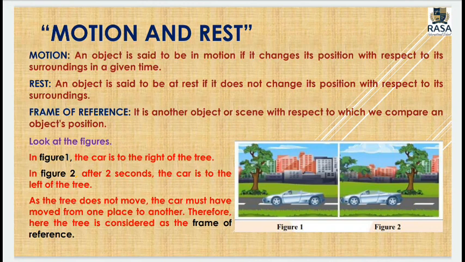It is another object or scene. So here the object is tree, or scene is where the tree and the buildings are there behind the car, with respect to which we compare an object's position. So from whose we are able to compare the position of the object. So here we can say that the car is in motion.